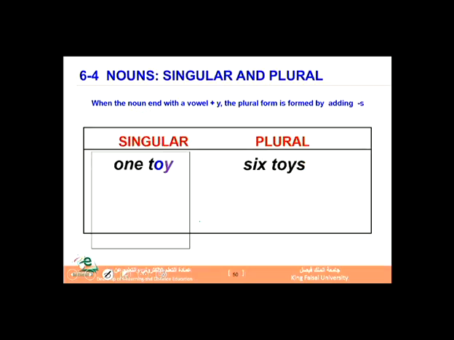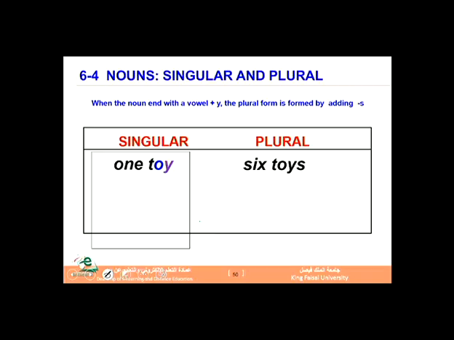Now, if you look at this example, one toy, we have a word that ends with Y, but before Y, we don't have a consonant, we have a vowel. In this case, we cannot delete Y. We keep Y there, but we have to add S to the end of the word to make it a plural.